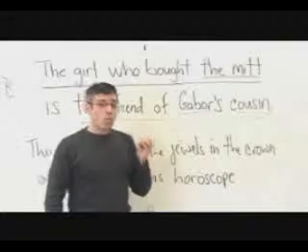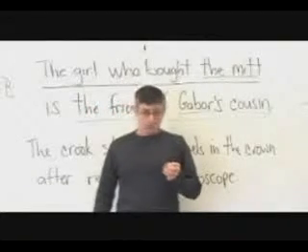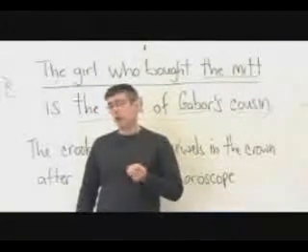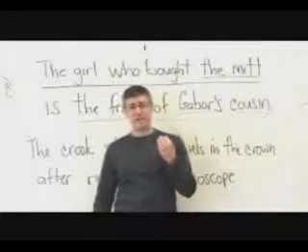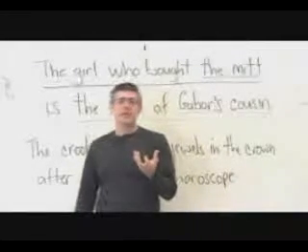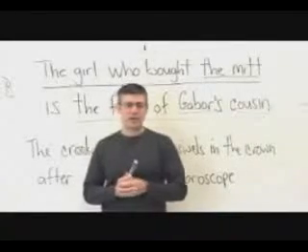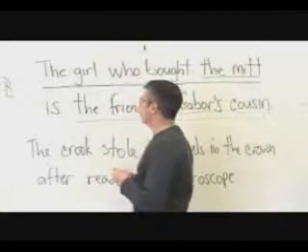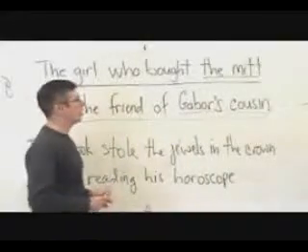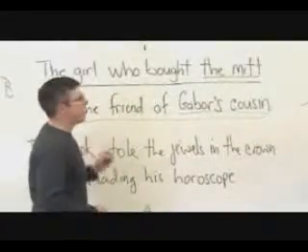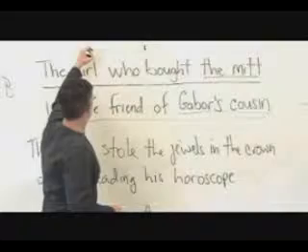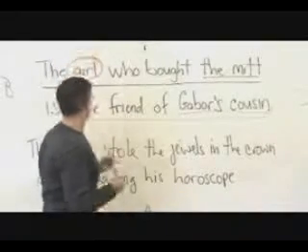Now, noun phrases, nominal phrases, have what are called heads. That is the chief word, the chief noun, the kernel around which the phrase is built. So in this case, the girl who bought the mitt, the head of the phrase is girl.